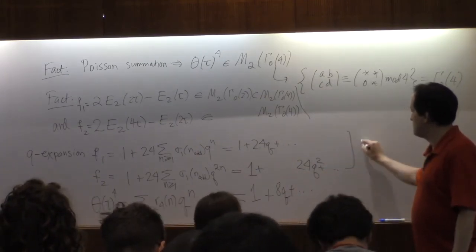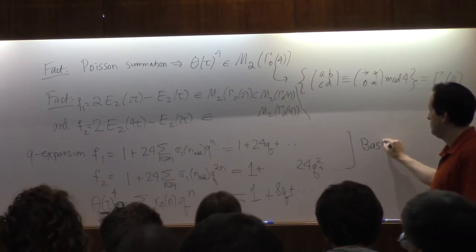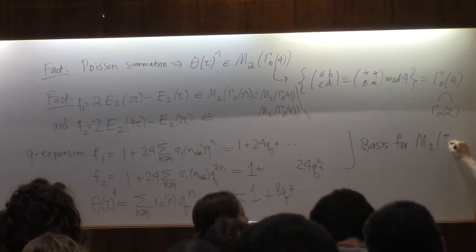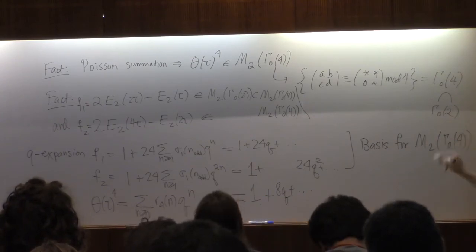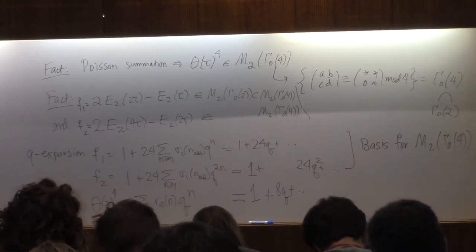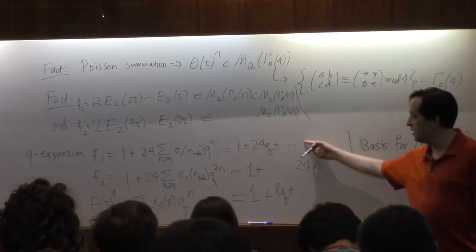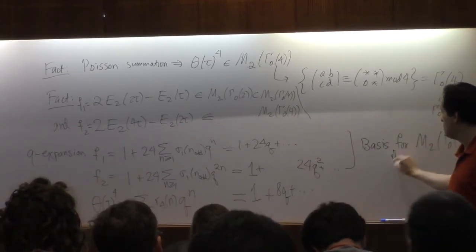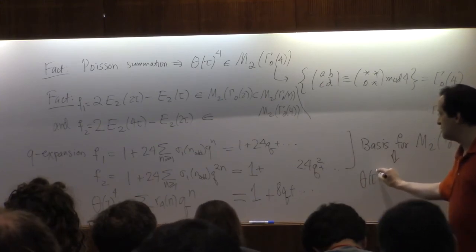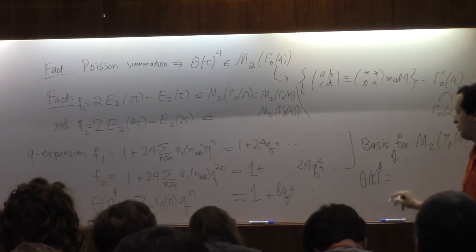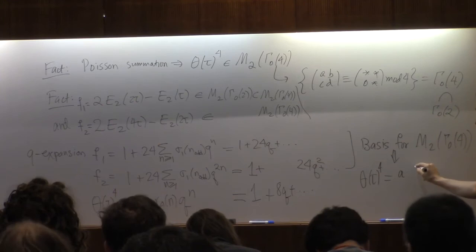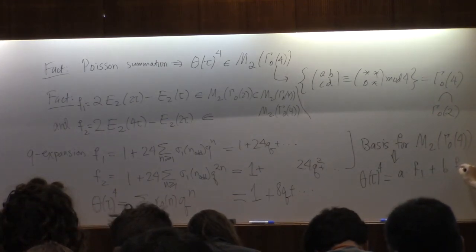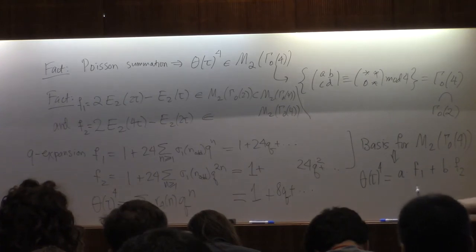So if you use this as a basis for this space, if you believe that it really is two-dimensional, well, this has to be a linear combination of these two guys. If you use that basis, then that means that the sum of 4 squares generating function is some number times the first plus some number times the second, and so it becomes a linear algebra problem.